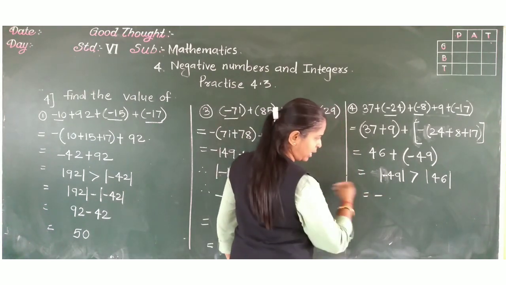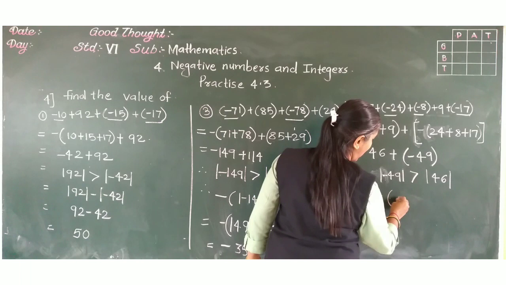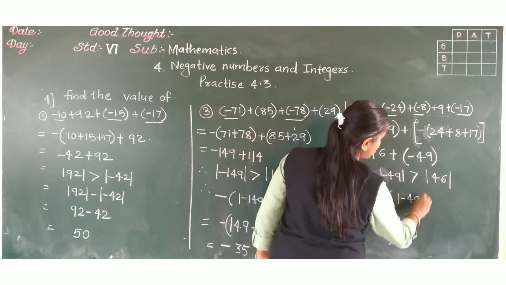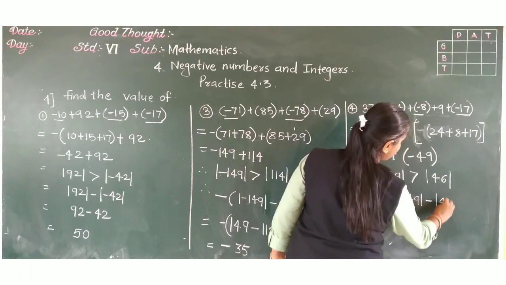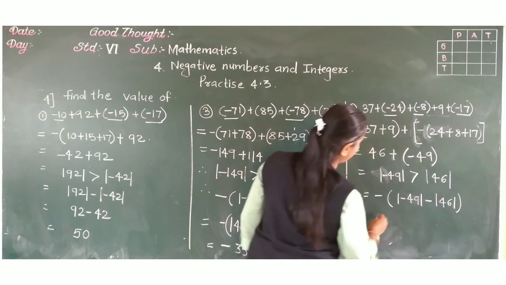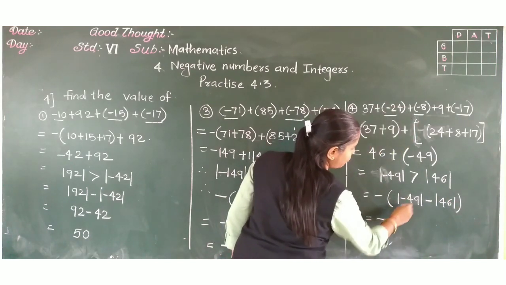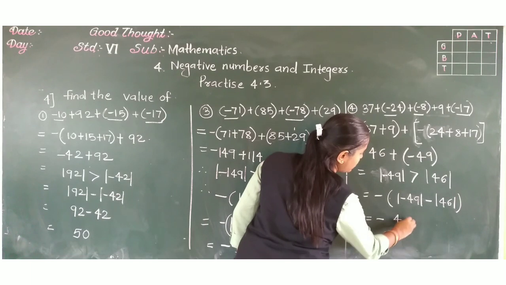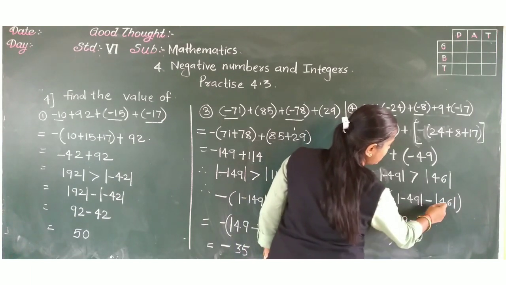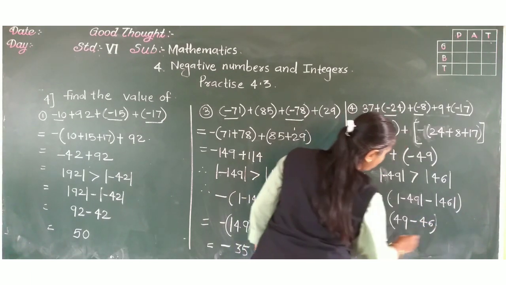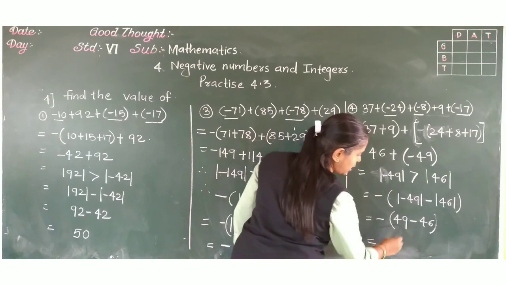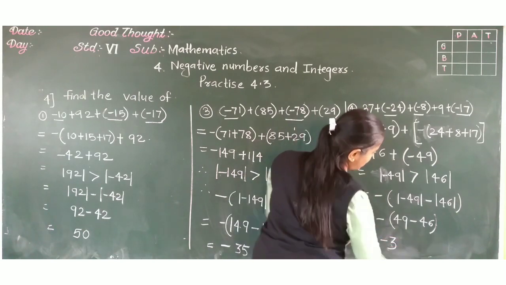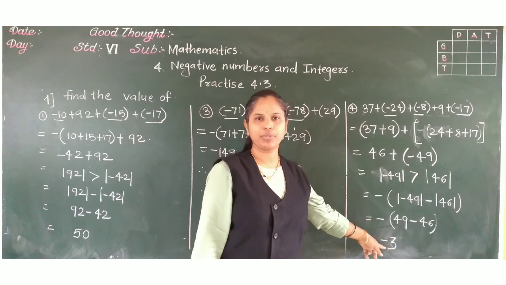So negative sign take outside and subtract absolute values. Okay. So minus sign, absolute value of minus 49 is 49 minus this 46. So 49 minus 46 is 3. Answer is minus 3. Okay.